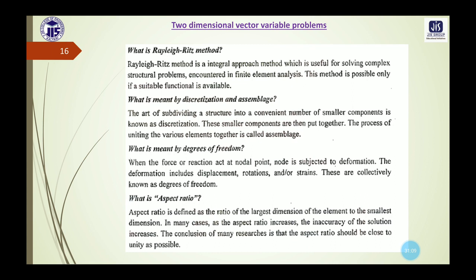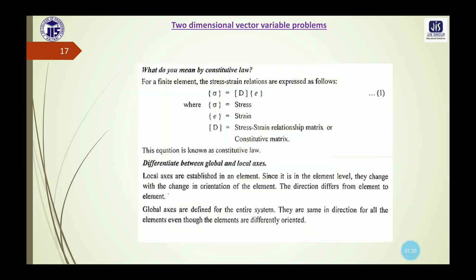And the different questions like the degrees of freedom, aspect ratio, these are here and these are already discussed earlier. And what is the constitutive law? This law, that is the stress strain relation, that sigma equals D matrix multiplied by epsilon, that is the strain matrix. This is known as the constitutive law or the stress strain relationship matrix.